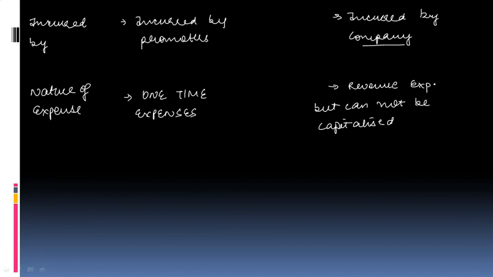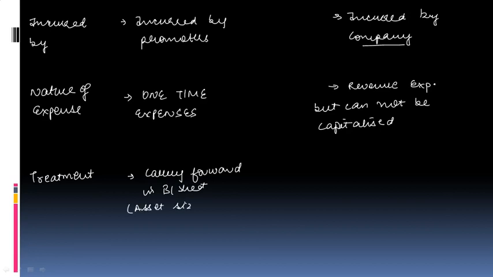After that, what is the disclosure, or where you are going to mention them, what is going to be the treatment? The treatment is going to be, first of all, they are carried forward in balance sheet, on the asset side.